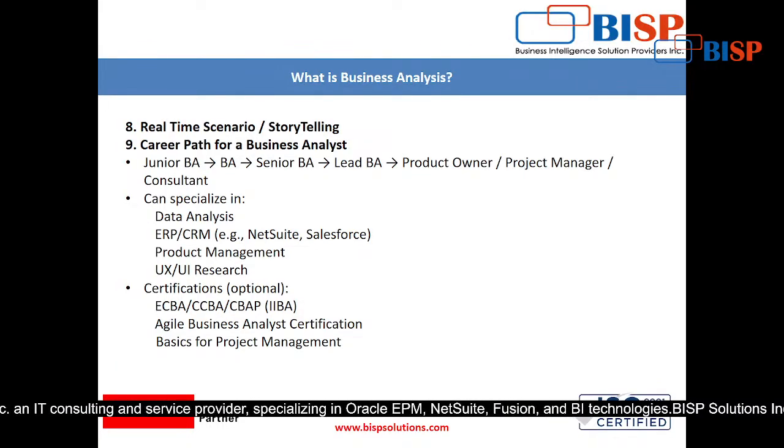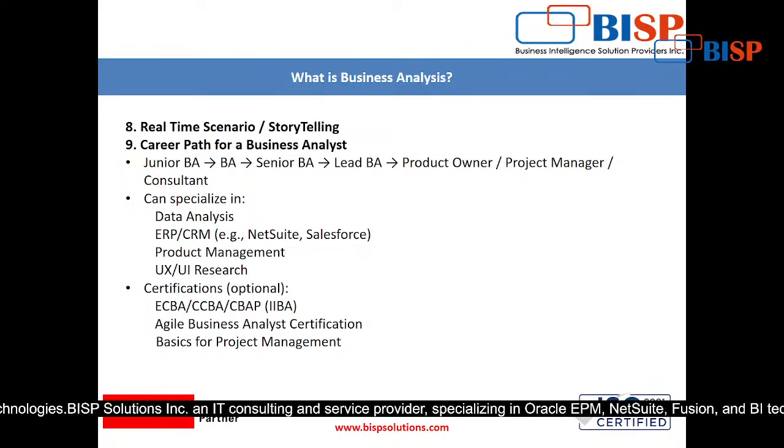He can be a specialist in data analysis, data migration, ERP implementation, product management, UX UI research, right? And these are some certifications: Agile Business Analyst certification, Scrum, PMP basics for project management, right?